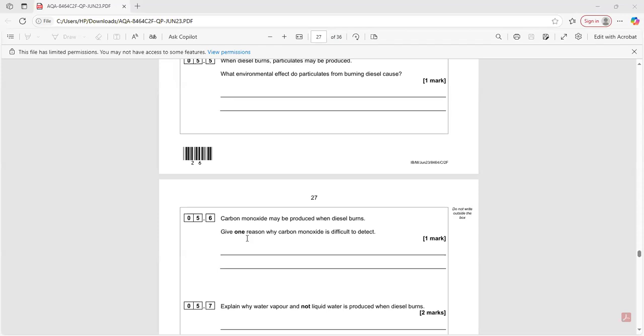The next thing to say about carbon monoxide is that it's odorless. So it doesn't even have a smell for somebody to tell that there's carbon monoxide coming out. And finally, it's tasteless.